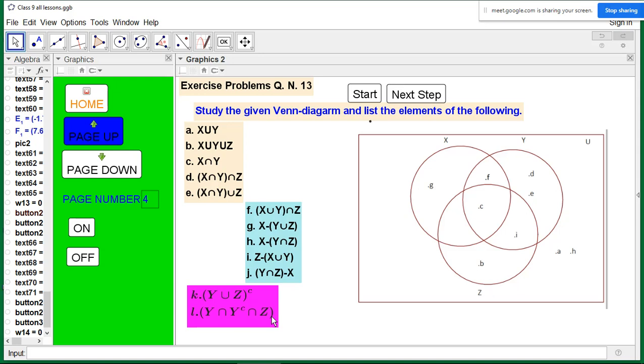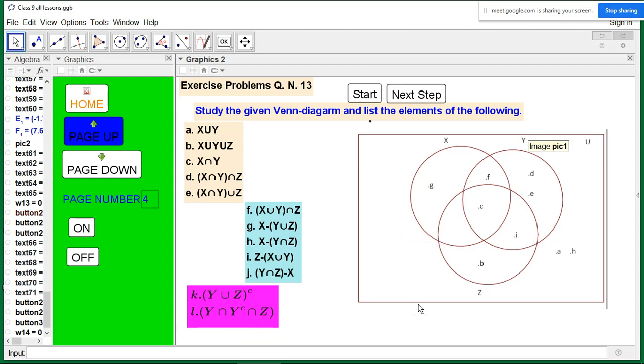Dear students, as we have discussed, Y intersection Y complement is 5, and the 5 set intersection with any set is also 5. So the result will be 5. Using a Venn diagram also, Y and Y complement intersection is 5, and intersection with Z set is also 5. Please conceptualize it. It's a good concept.